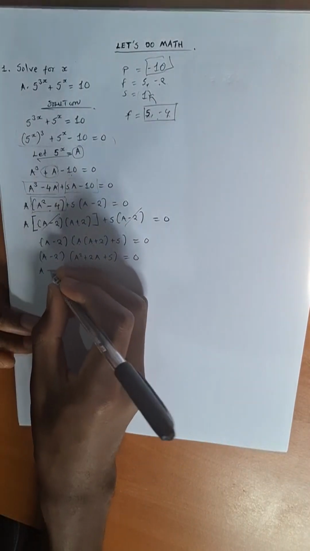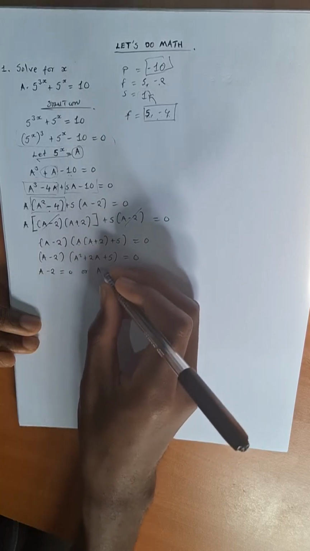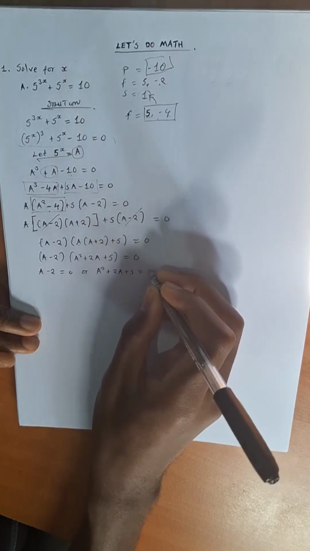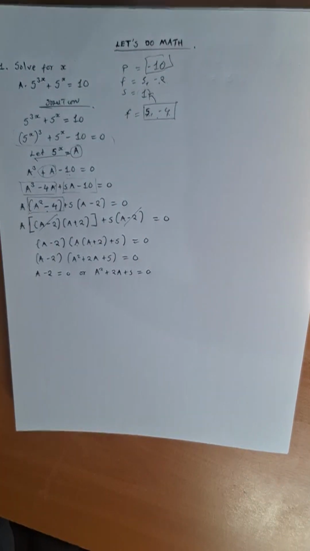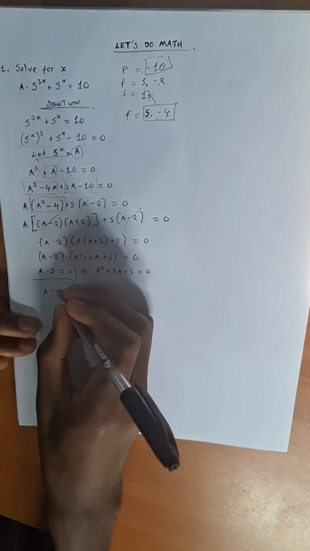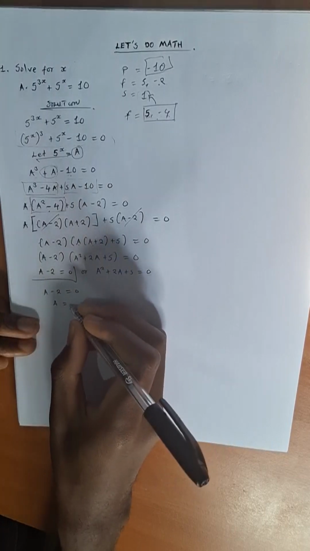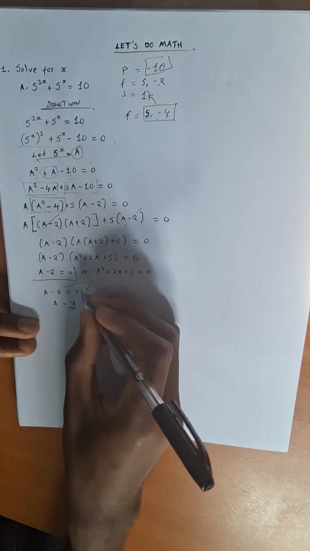We have a minus 2 is equal to 0, or a squared plus 2a plus 5 is equal to 0. So we're going to start with this one. a minus 2 is equal to 0, so we know that a is equal to 2. When 2 crosses the equal sign, it becomes positive.